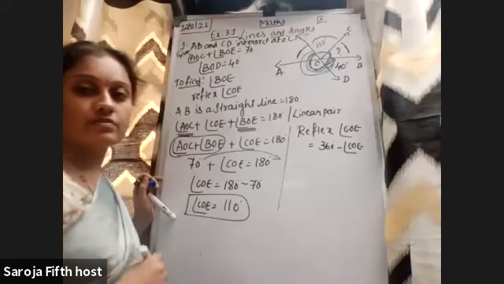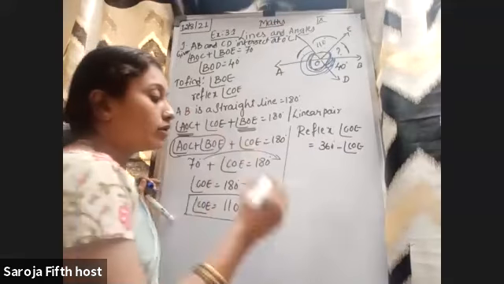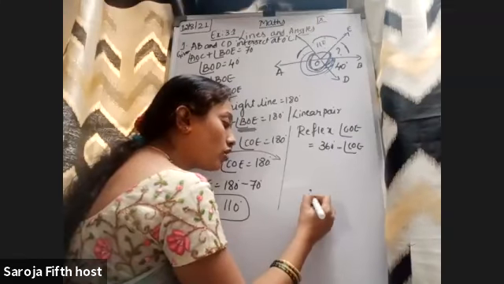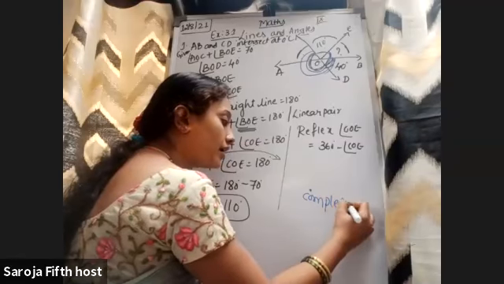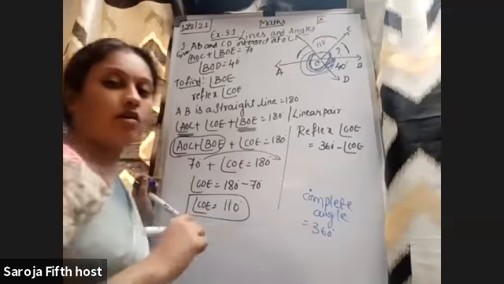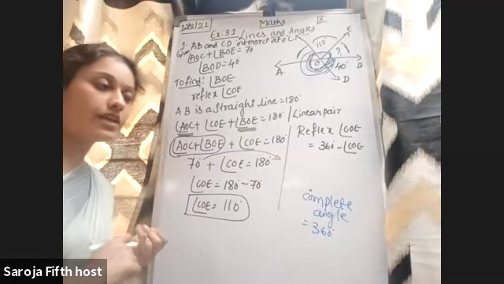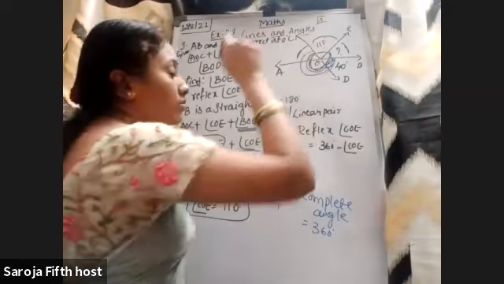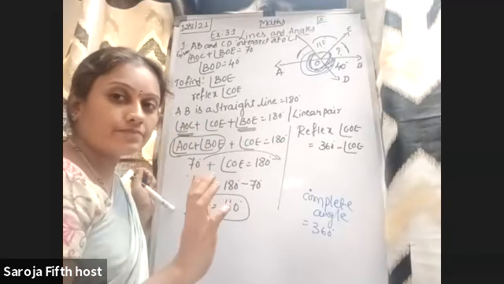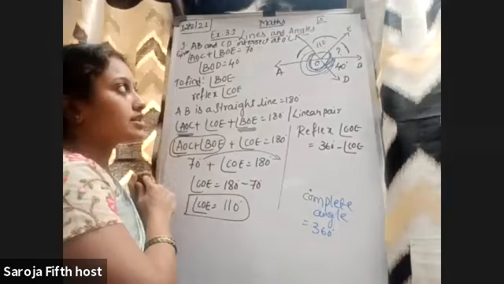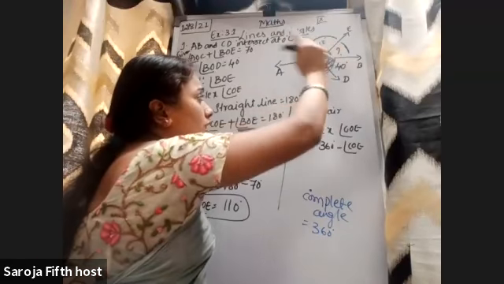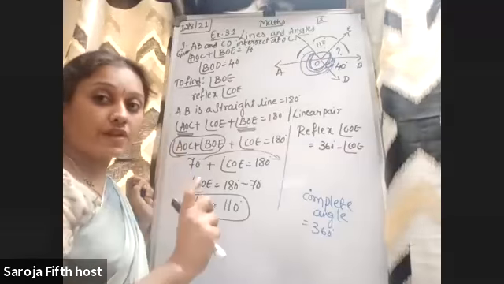At any point, the complete angle is always 360 degrees. O is a point, and at that point the angle is 360 degrees. In this 360 degrees, I will just subtract the COE angle which is not the reflex.